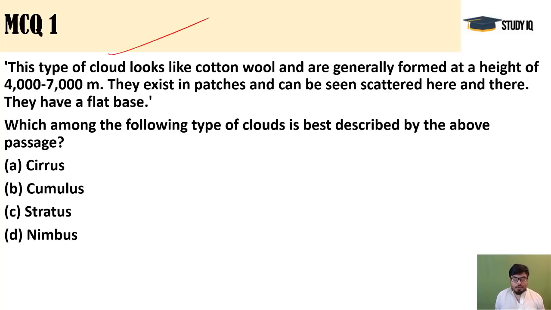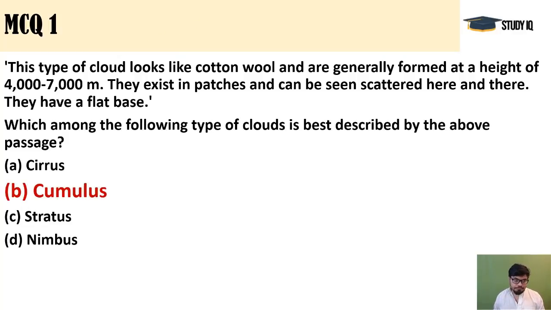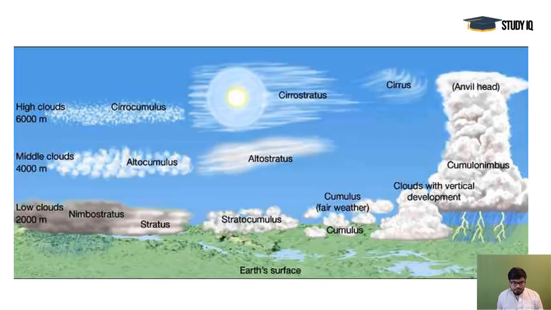Question regarding the clouds. First I tell you about the cloud types, and then you will understand the question. This is the ground, and these are the clouds near the ground, at a height of less than 2000 meters. So these are low clouds.